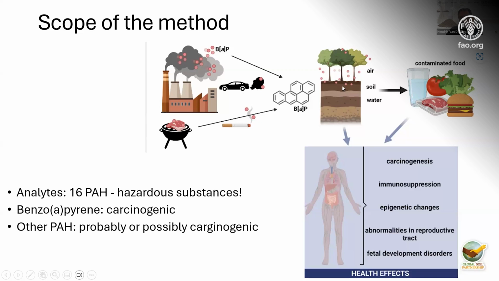But more important, they can be taken up by plants, and when they are taken up by plants, they can come into the food chain. When they are in the food chain, they can have negative health effects. That is why we have to monitor these components in soil.